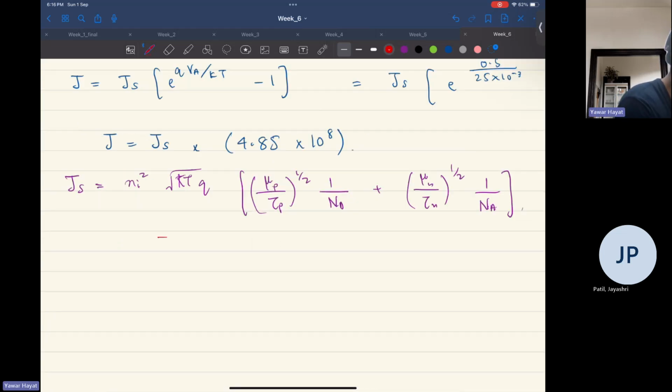Then your Js is equal to 130.50 into 10 to the power minus 11 ampere per centimeter square. This implies your J is equal to 0.631 ampere per centimeter square.